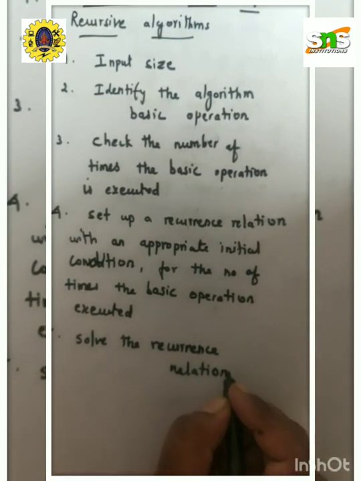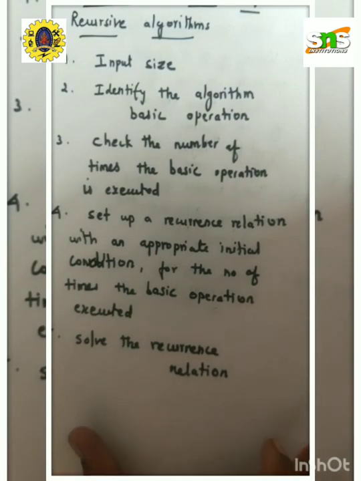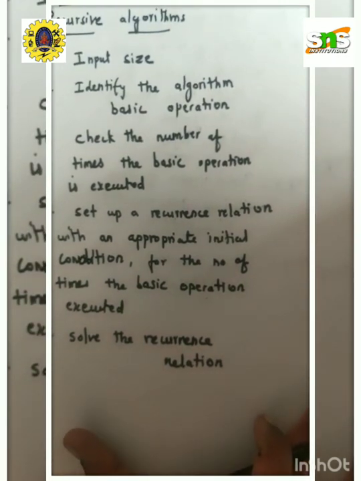So these are the 5 steps used to analyze a recursive algorithm. For this we are going to discuss an example.